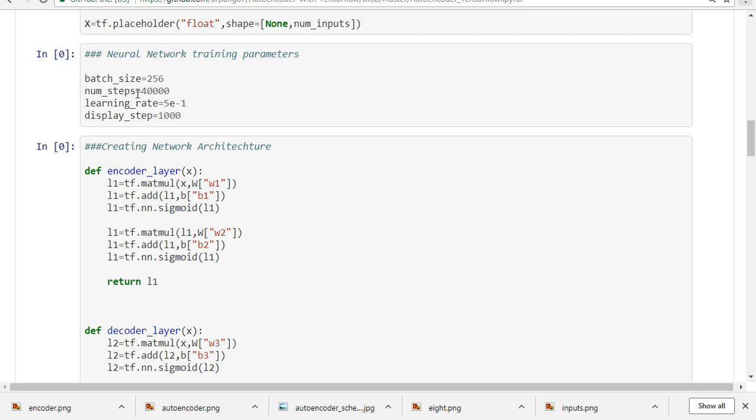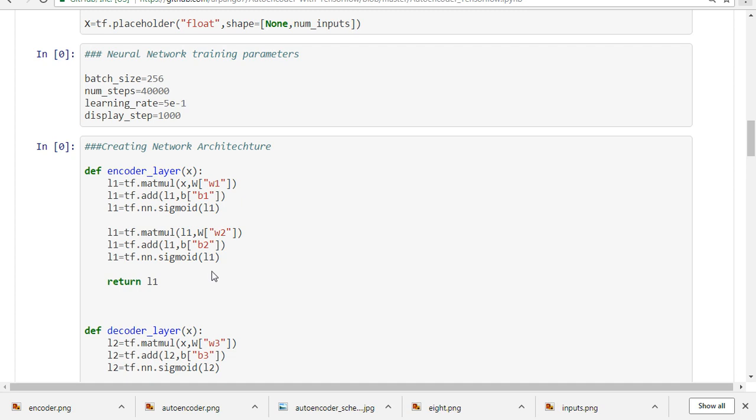The learning rate is how fast the algorithm we train with should learn, and the display step is after how many steps you want to display the cost function and the accuracy of the model, so that we can keep track of how our model is going.